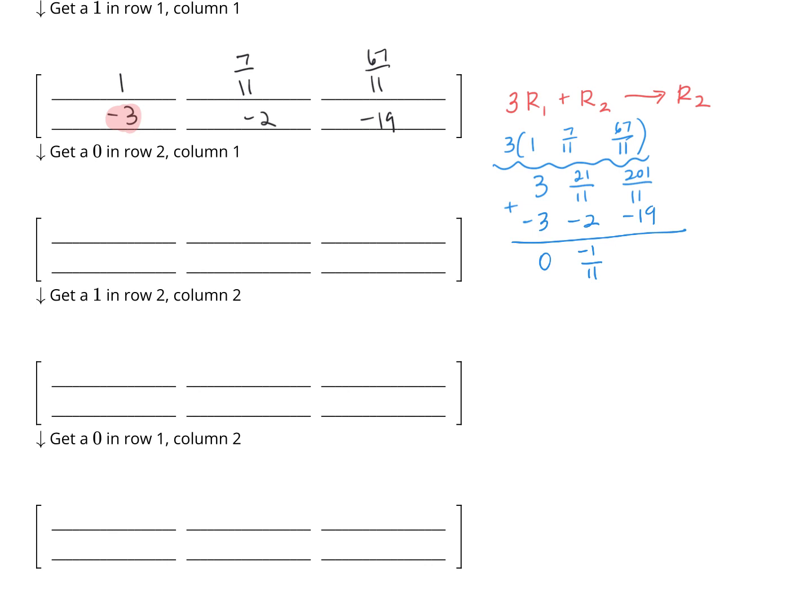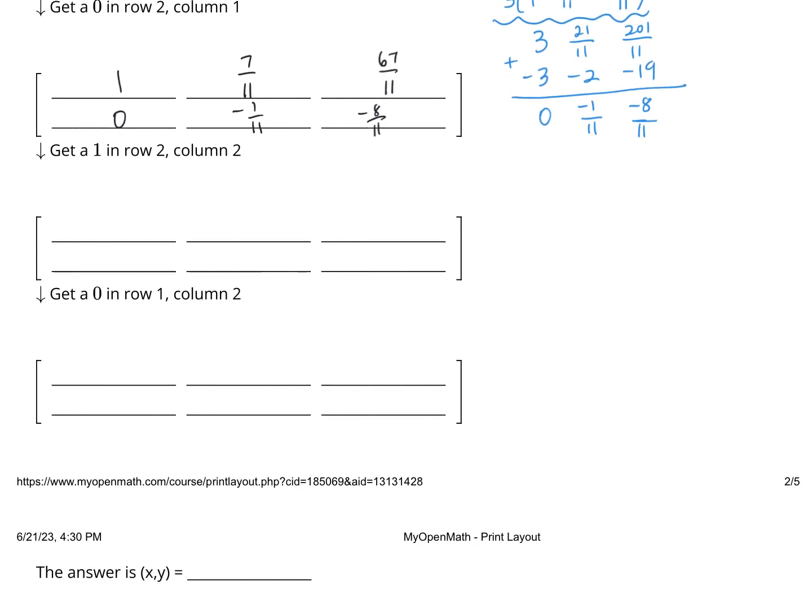So 201 over 11 minus 19 is negative 8/11. Okay, so this is now row 2. So we're going to have row 1 is the same as it was, and row 2 is now 0, negative 1 over 11, and negative 8 over 11.